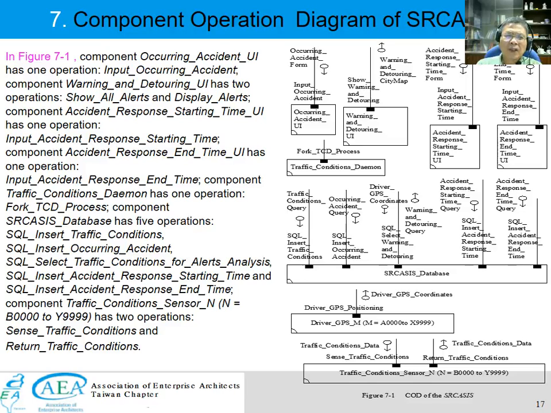As shown in Figure 7-1, there are a lot of components in the smart road IoT system. Also, each operation of the components and their input-output data are all shown in this Figure 7-1.